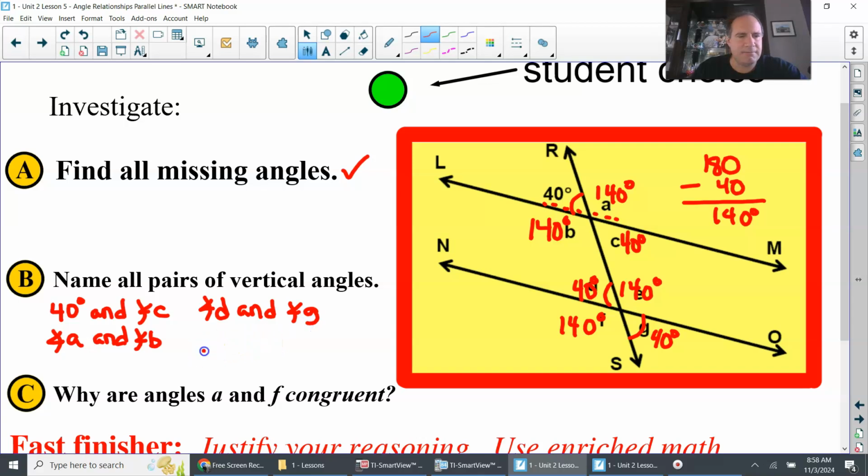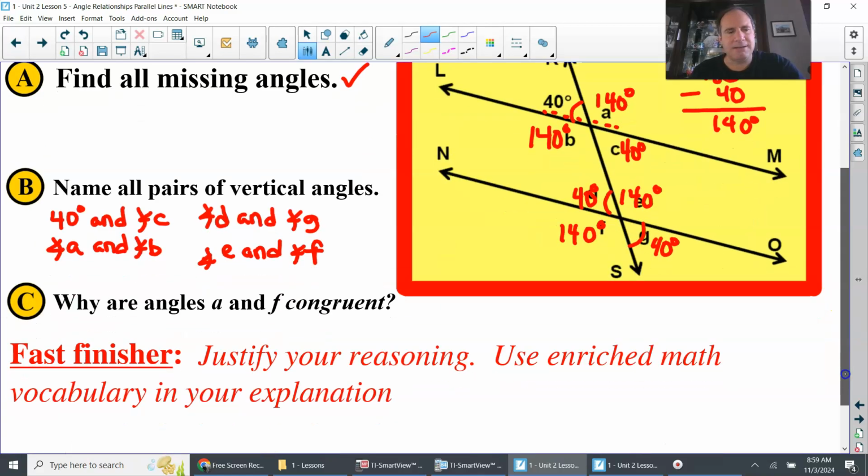And then angle E and angle F. All right, those are all vertical angles. They meet in the middle.